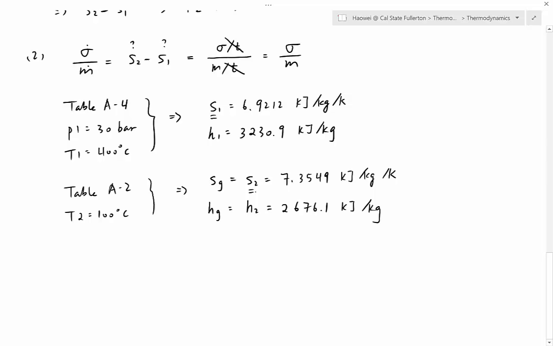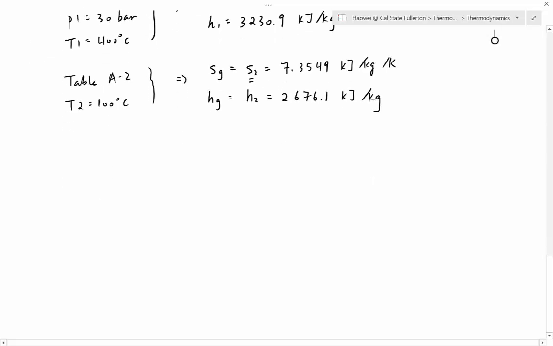I can just plug those two numbers back into this equation, and I can find sigma over m easily. Sigma over m is equal to S2 minus S1, and S2 is 7.3549 minus S1, 6.9212.